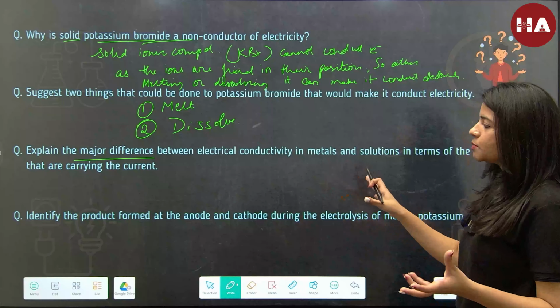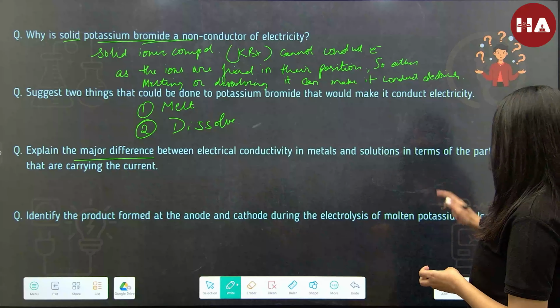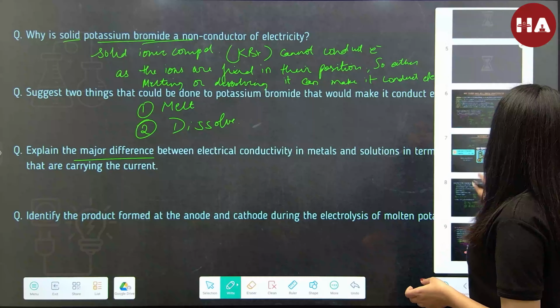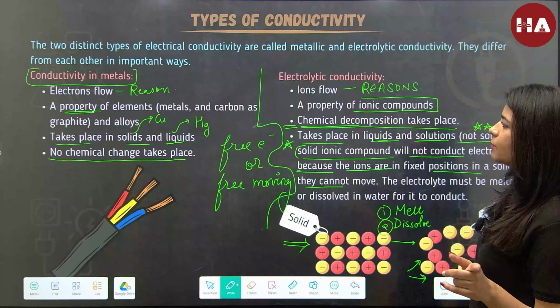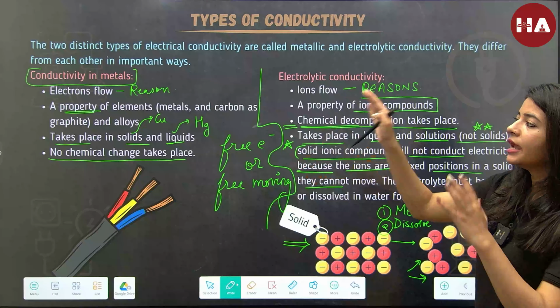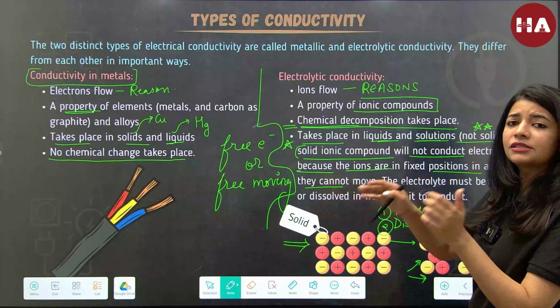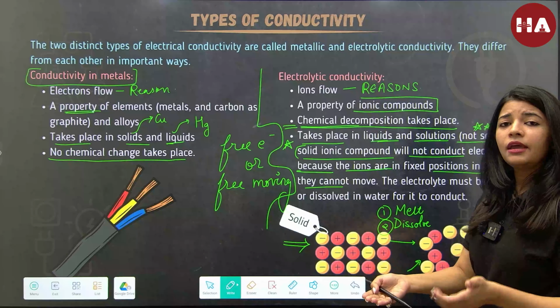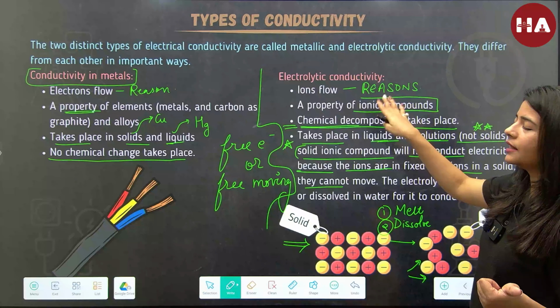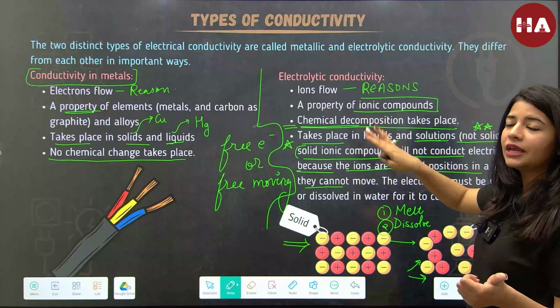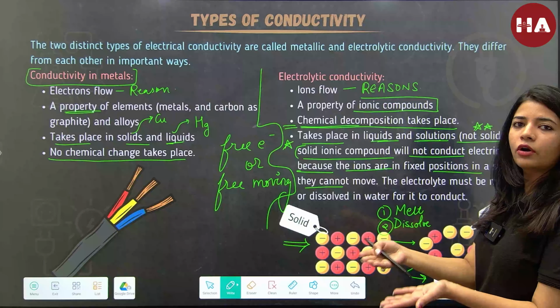So what is the difference between electrical conductivity and electrolytic conductivity? We have already studied this, and I asked you to write this because it is important. The reason for the conductivity in metals is flow of electrons, and the reason in electrolytic conductivity is free moving ions, or flow of ions.